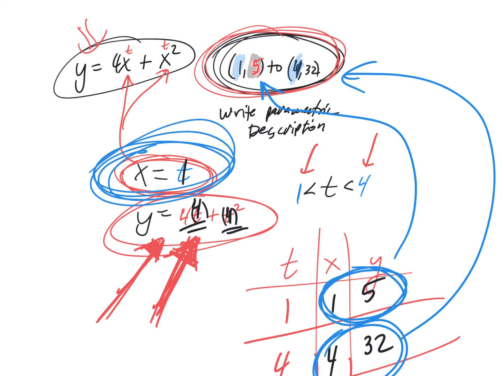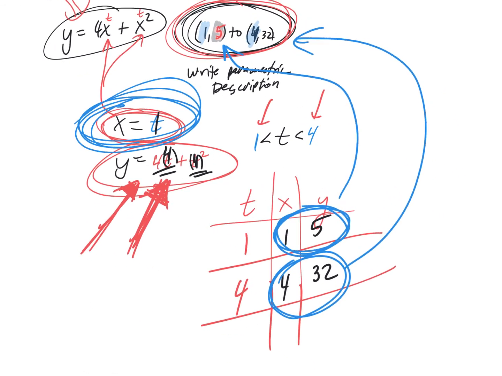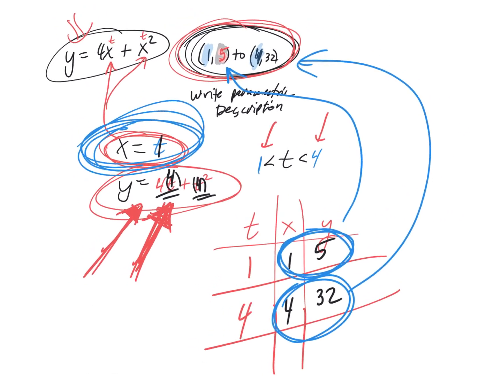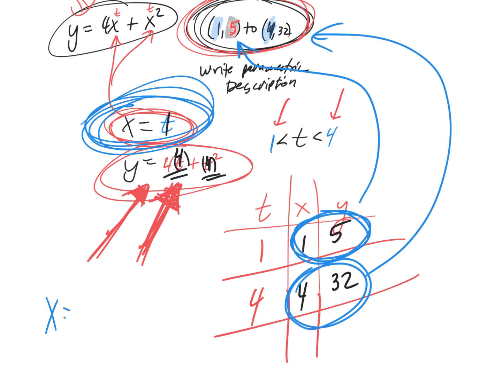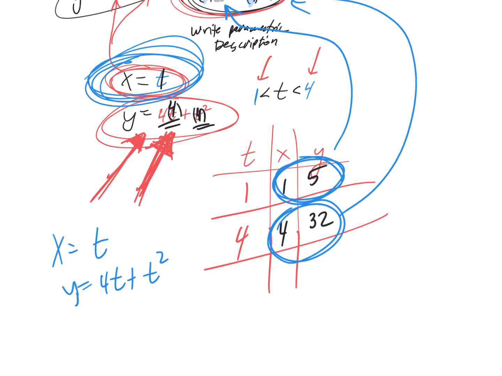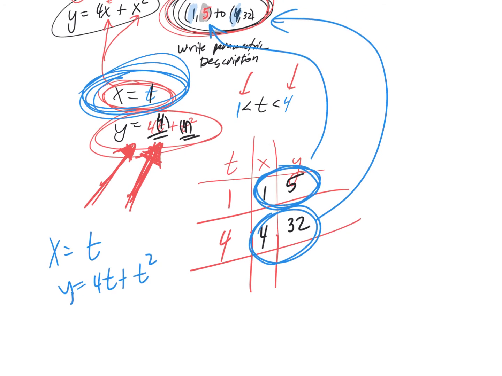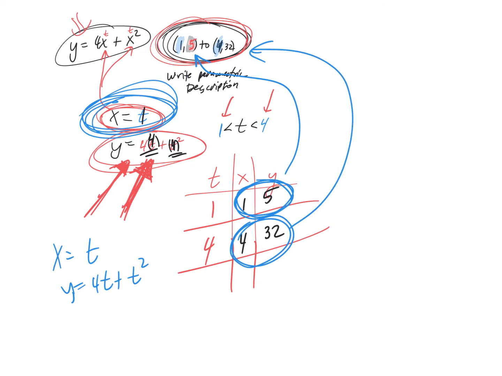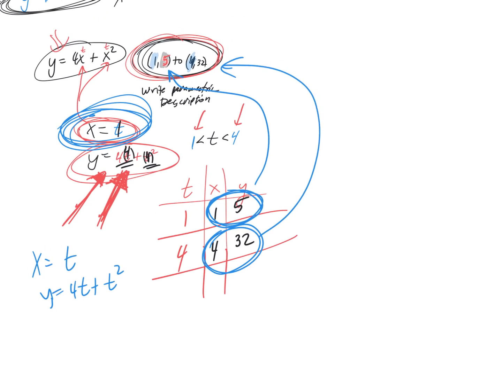Now, one last thing. This set of parametric equations, x equals t and y equals 4t plus t squared, needed a domain. Think close about what the domain would be.